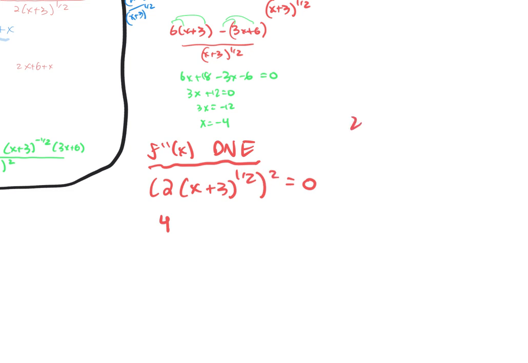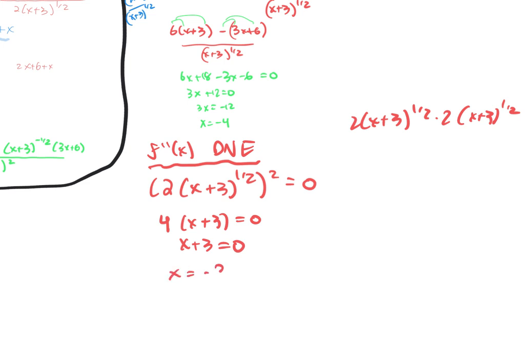And again, you could write that out: 2 times (x plus 3) to the 1/2 times 2 times (x plus 3) to the 1/2, and see that you'd get really just 4 times (x plus 3). And again, you could distribute, or realize really actually just divide by 4. Either way, they divide over that 4, it's just going to keep it at 0. So we get x is -3.